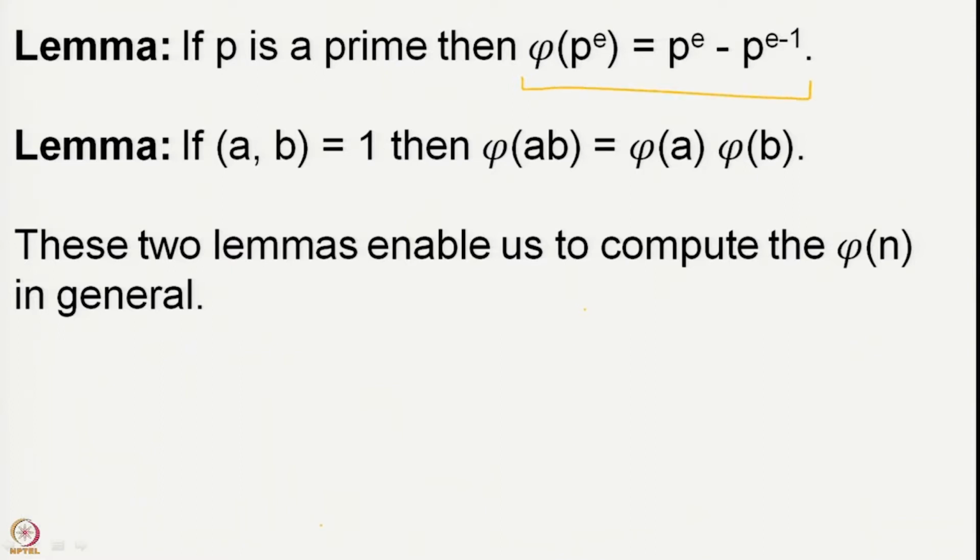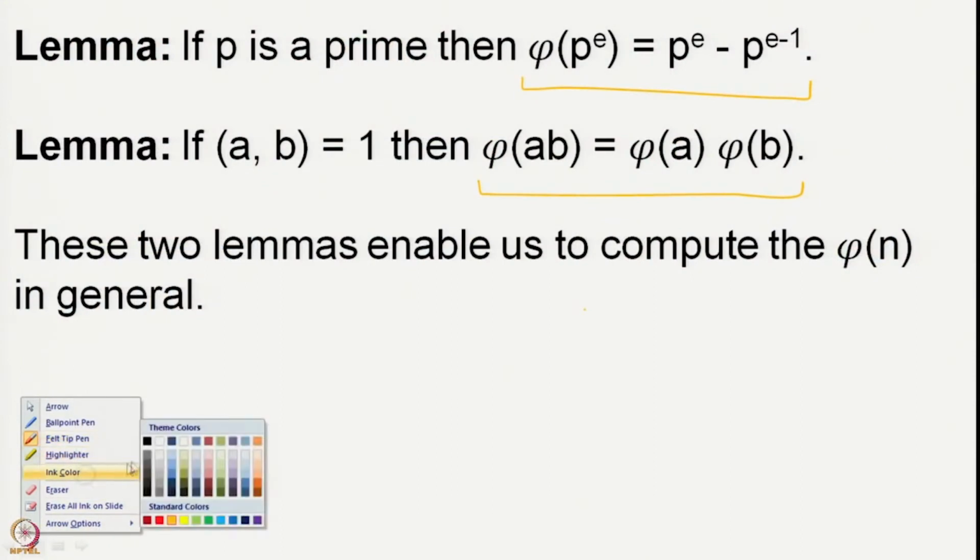It is p power e minus p power e minus 1, and the second statement tells you that whenever a and b are coprime, then phi ab is phi a into phi b.